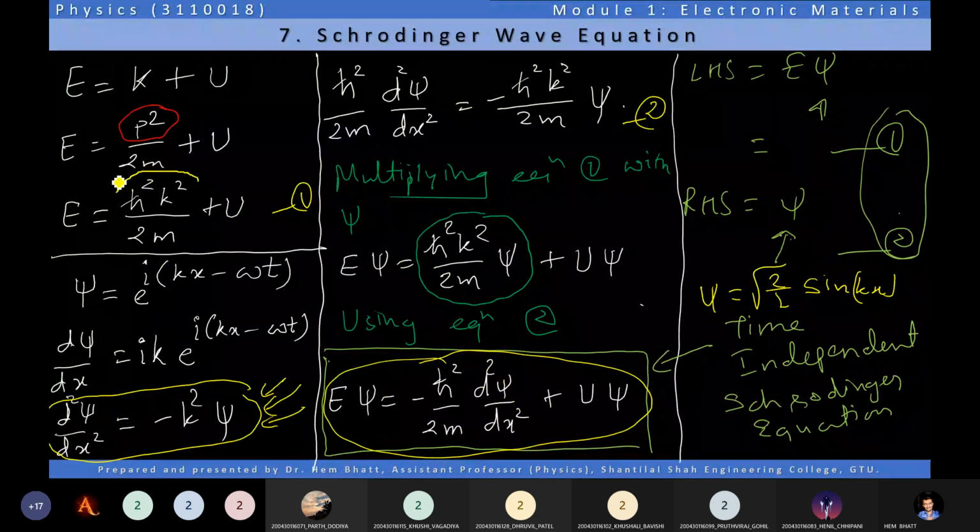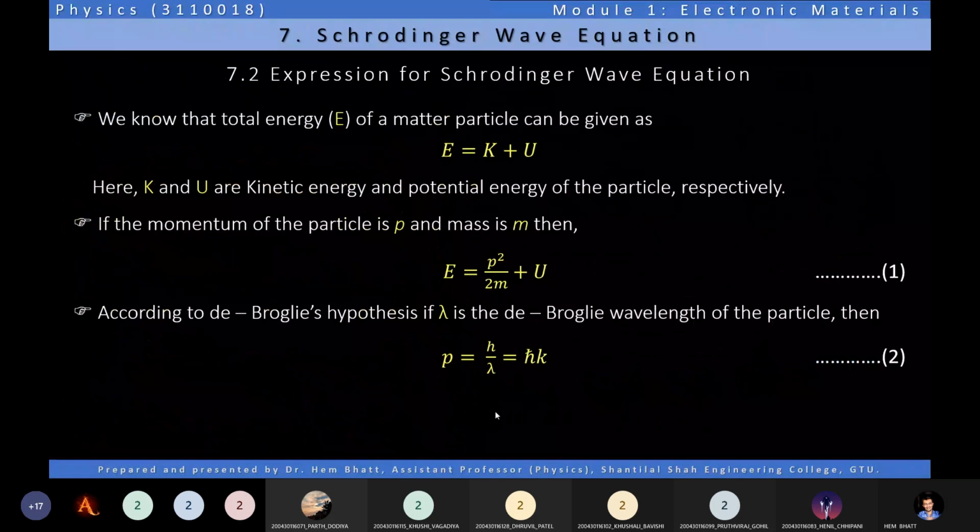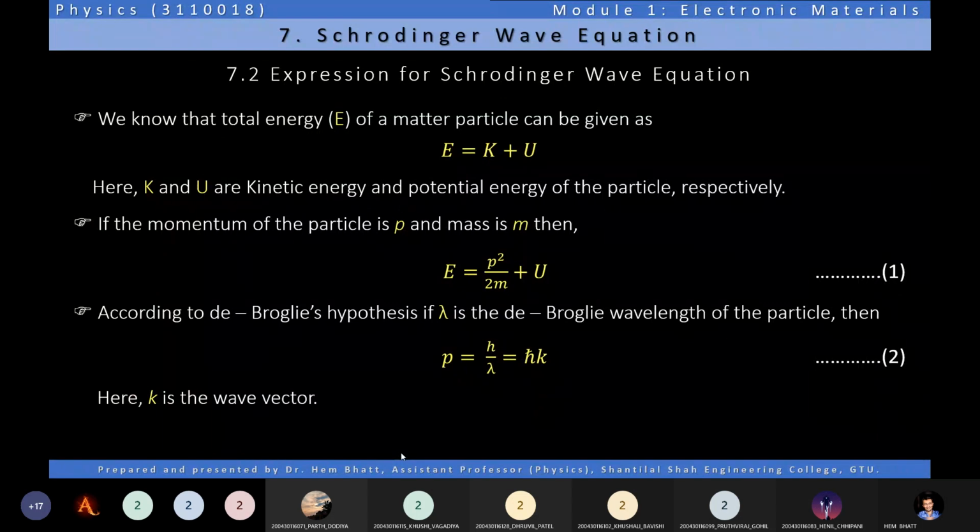See this we can get by multiplying h by lambda with 2 pi by 2 pi. And we substitute second equation into first. K is wave vector 2 pi by lambda. Take screenshot. આનો એક screenshot લઈ લ્યો. It will help you preparing answer. Okay, so now we substitute second equation into first.